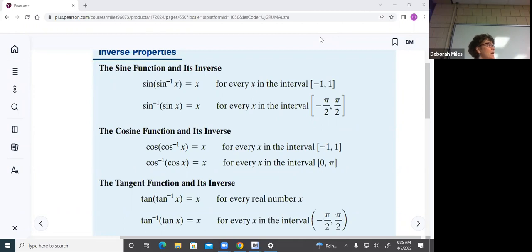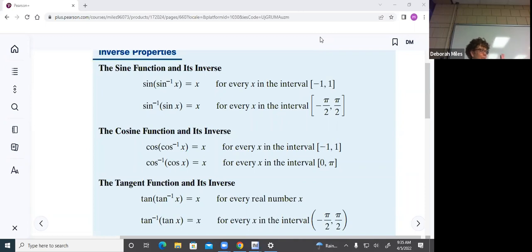And one other thing, if I say inverse cosine of 3/2 pi, they can't undo each other and leave you 3/2 pi, because 3/2 pi is not an answer inverse cosine can give you. Inverse cosine can only give you answers between 0 and pi.